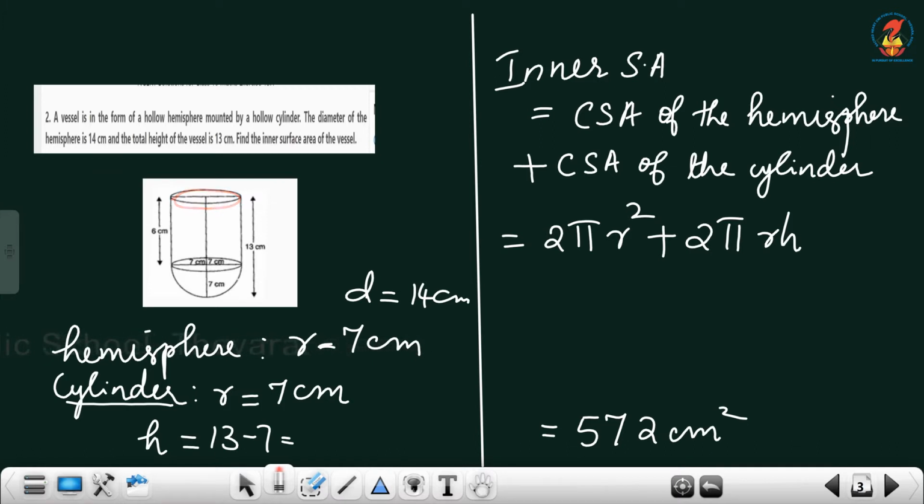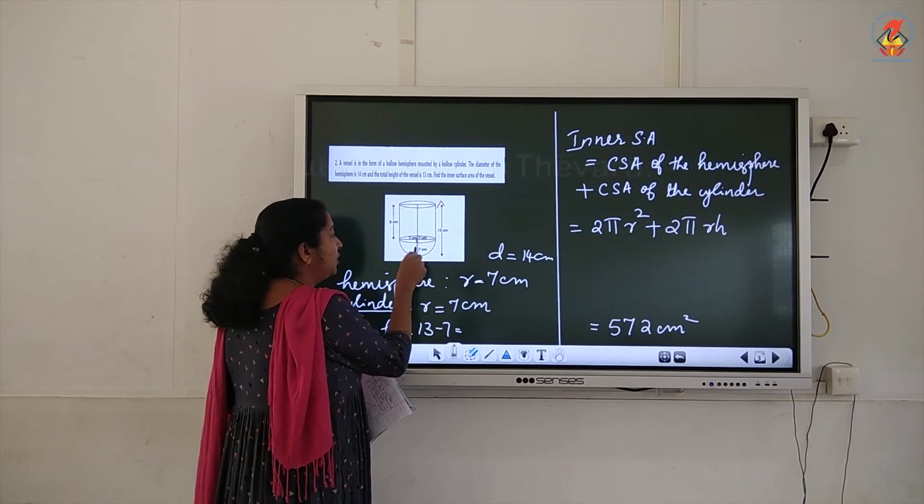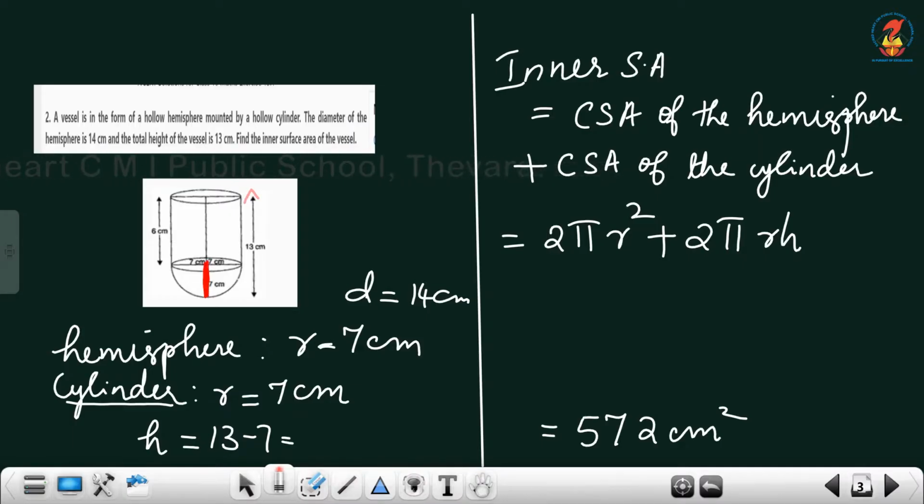What is given is diameter of the hemisphere is 14. But here the diameter of the hemisphere is same as the diameter of the cylinder. So, both the radii will be equal and radius is equal to 7, that is 14 by 2, and for the cylinder also radius is 7 centimeter. The total height is given as 13 centimeter and we know this is exactly the 7 centimeter radius.